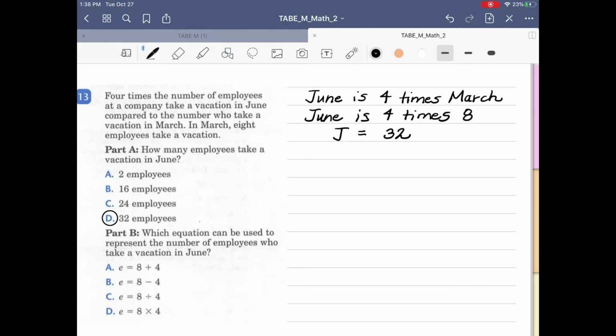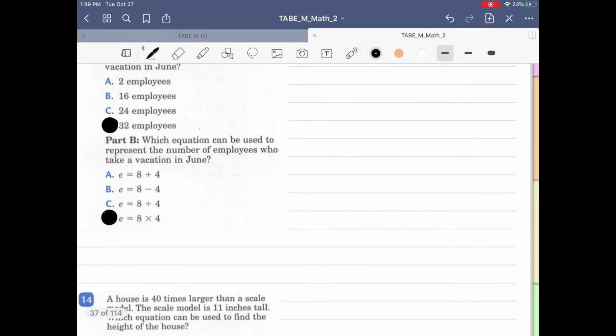That would be 32. In part B, which equation can be used to find the employees who take a vacation in June? And to do that, we did 8 times 4, or 4 times 8. And that is D. So both of these for number 13 are D.